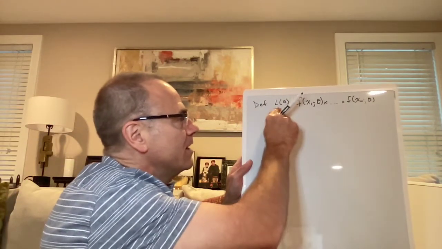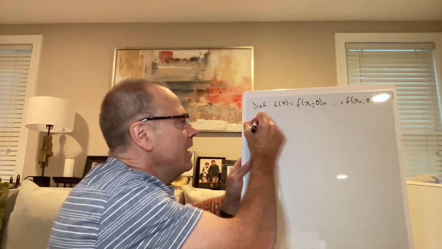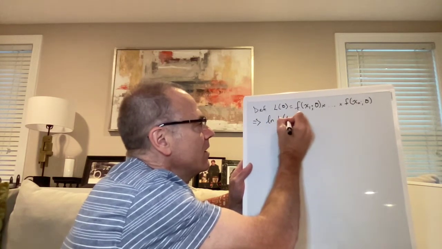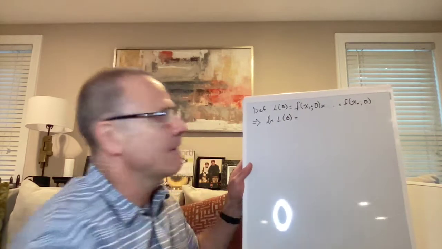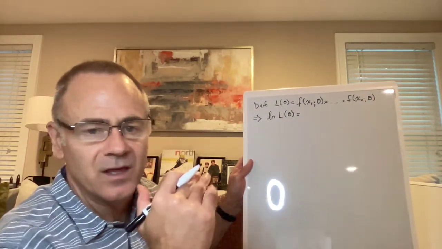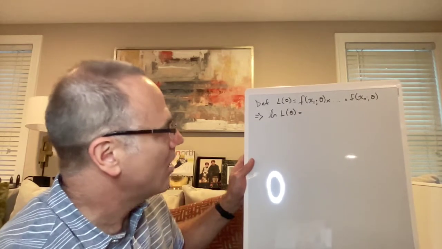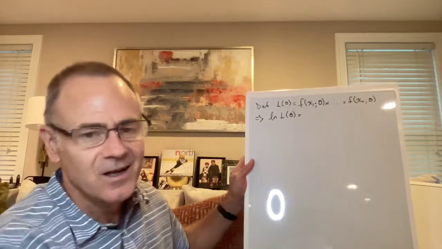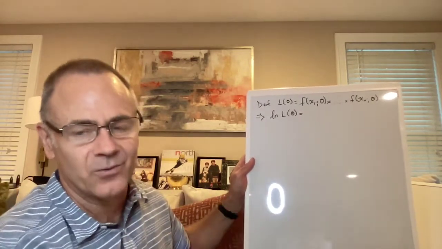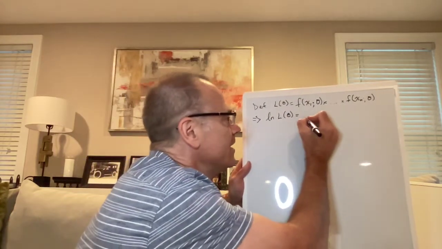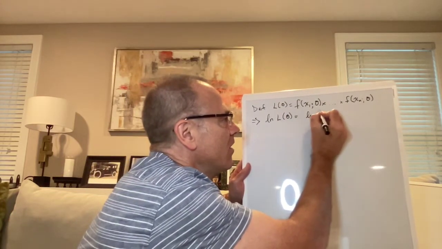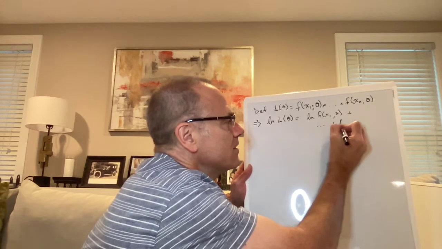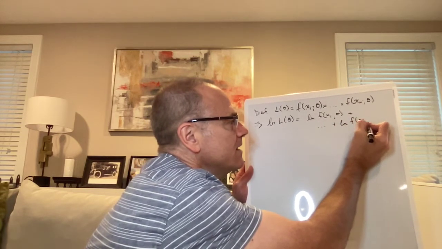Okay, now next, we define the log of L of theta as this. Then this implies the natural log of L of theta. The log of the product just equals the sum of the logs. If you remember, this rule of natural logarithms means that log of L of theta just equals log of f of x1 theta plus dot dot dot plus log of f of xn theta.